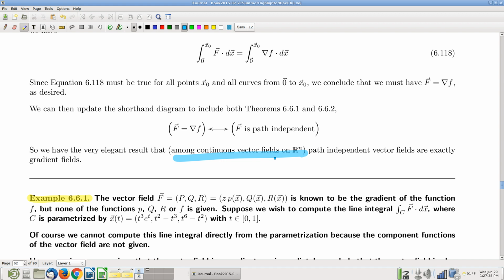Very, very delicate theorem. And likewise for all the stuff that we're doing here in Chapter 6. Everything's got to be defined and continuous and differentiable. We cannot have any issues. So, as long as everything's defined and continuous on our end, then gradients, path independent, same thing.